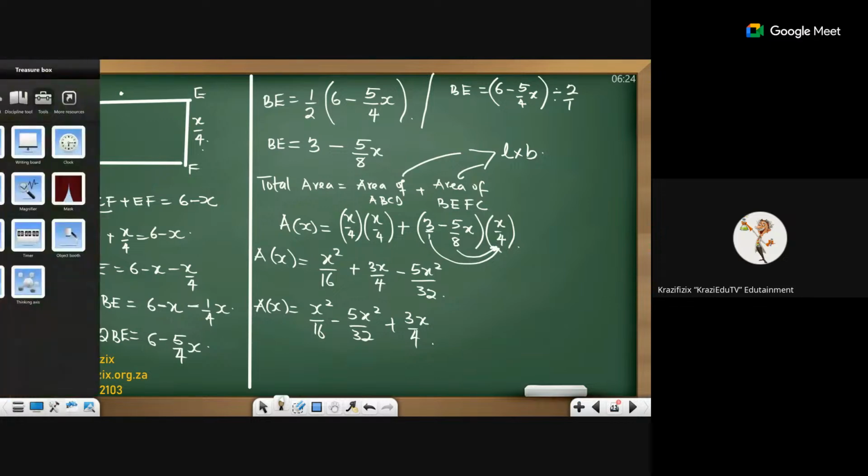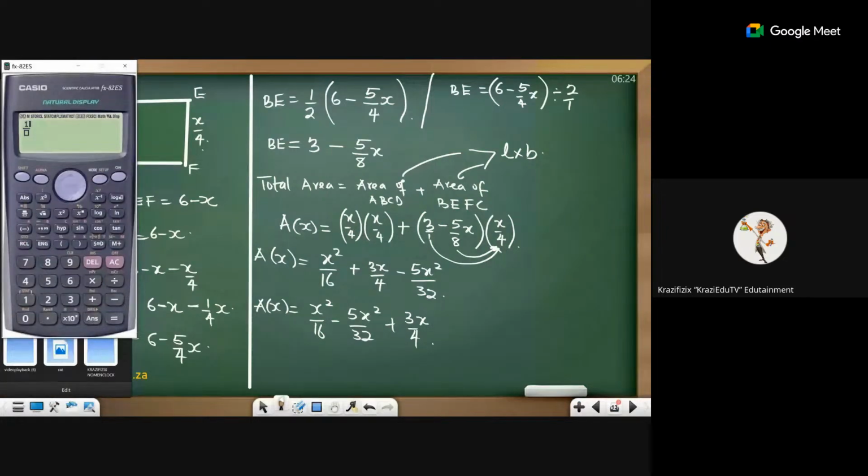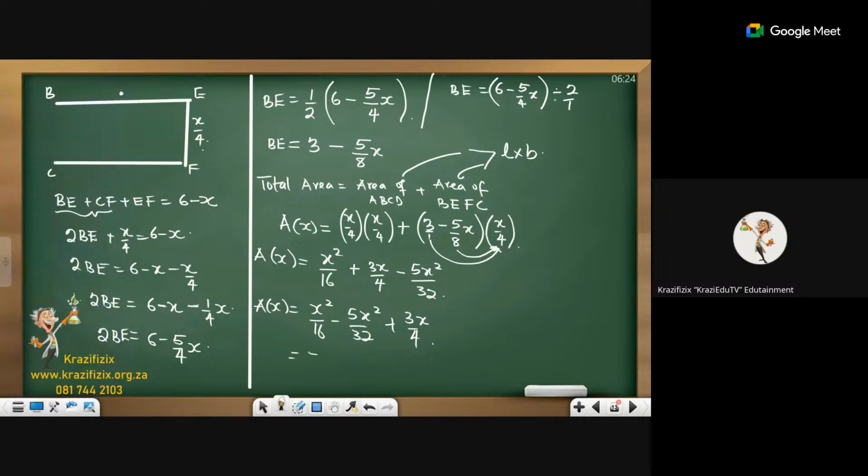Let's get a calculator. 1 over 16 on x squared minus 5 over 32. Oh, we could actually do this without a calculator. All right, that is minus 3 over 32. Minus 3 over 32 x squared plus 3x over 4.